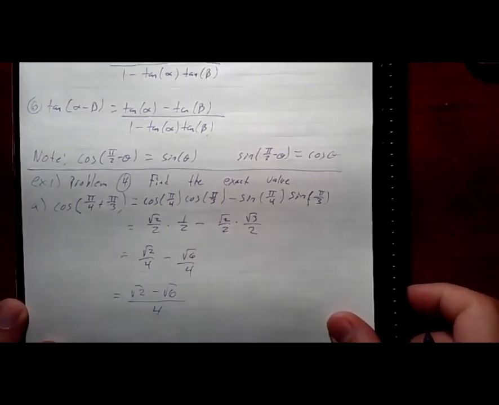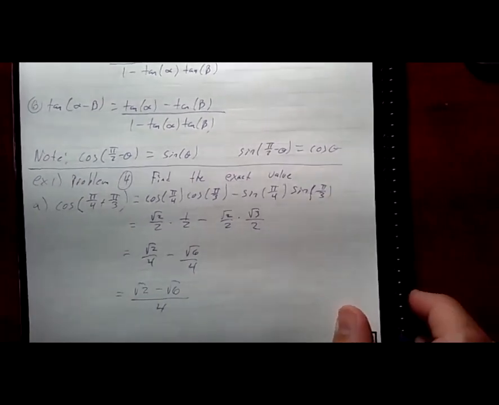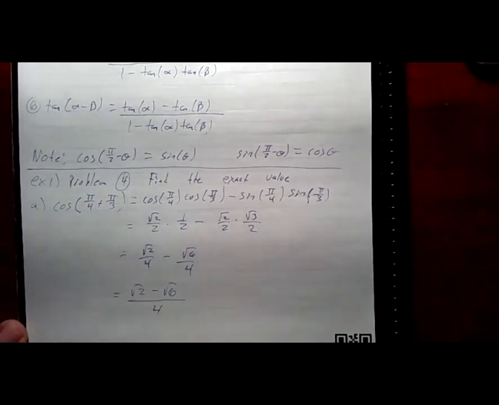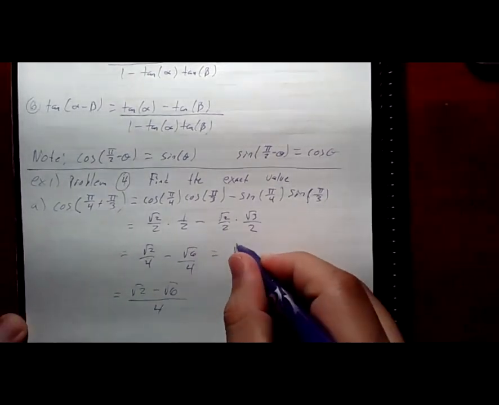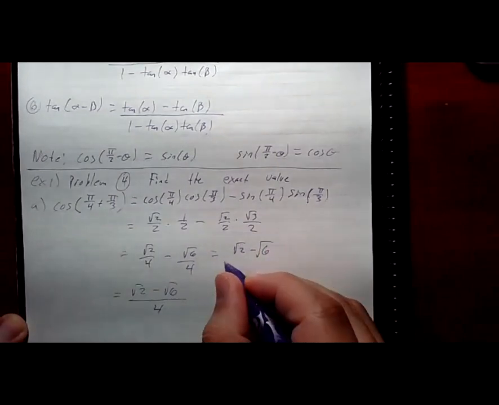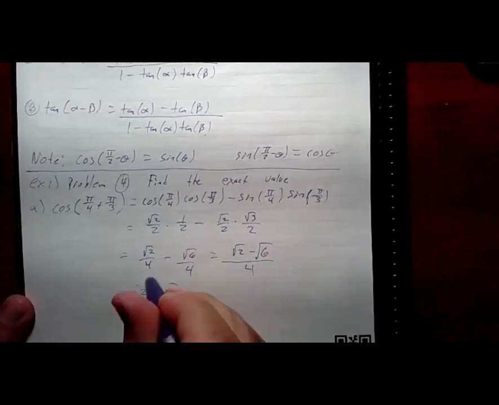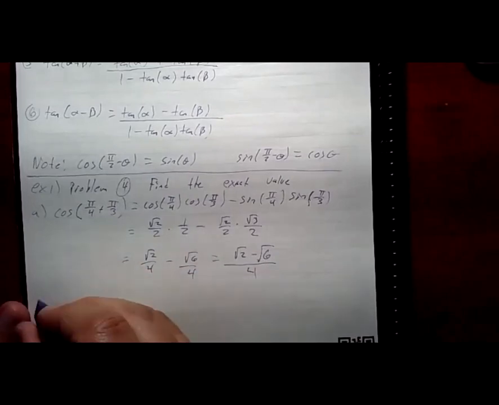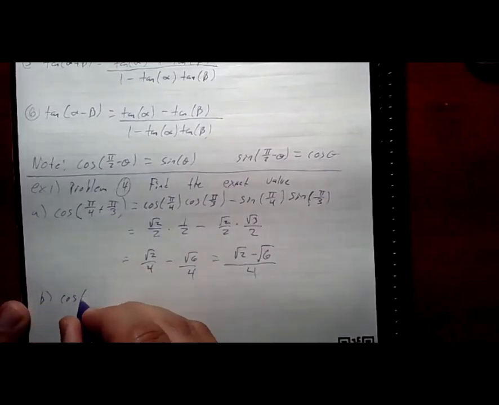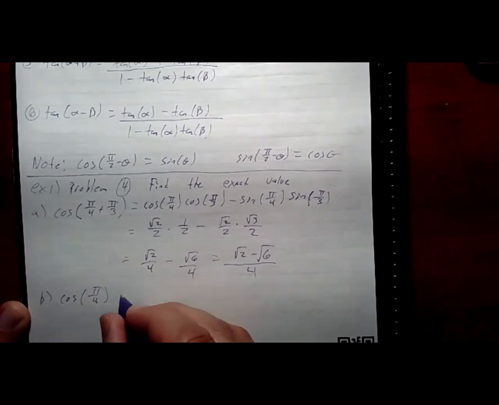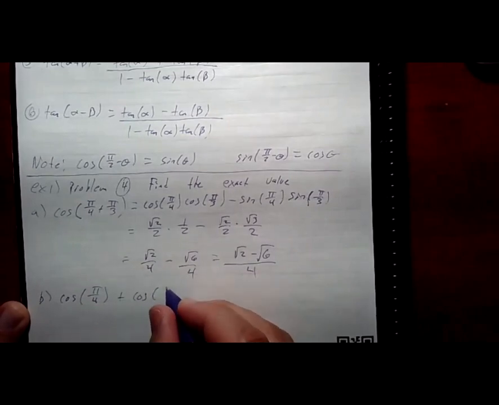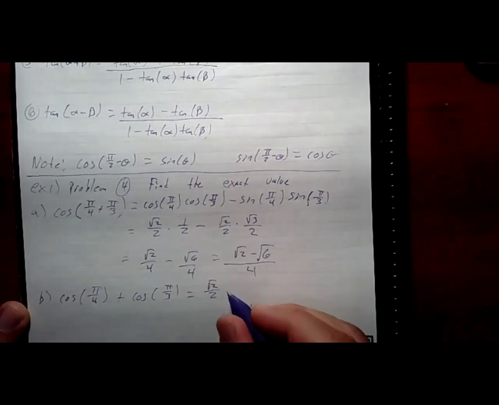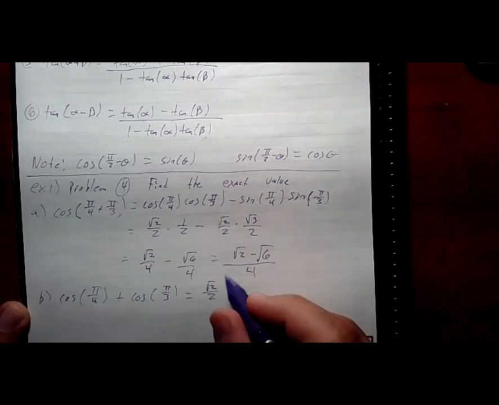Are you guys good on part A here? Okay, so just a quick note. I'm gonna make a space over here. Just for emphasis, this is not the same as part A. So that'll be square root 2 over 2 for this one, and that'll be 1/2.